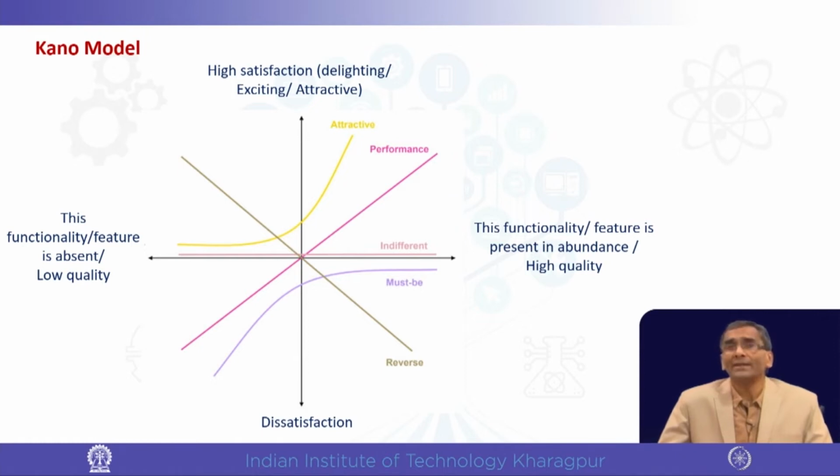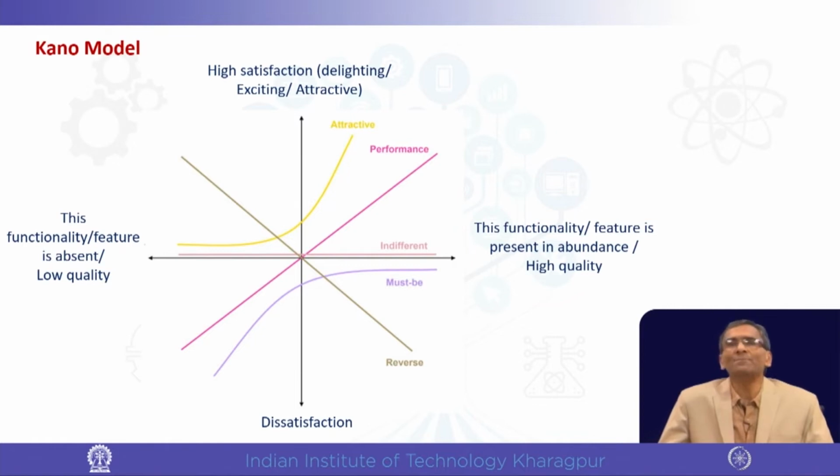I have already given the example. I will give another example of a smart TV just after this. Then the performance attribute, for example, mileage of a car: when it increases, people are happy. Or in a smart TV, synchronous conversion and upgradation of performance: when it increases, people are happy.